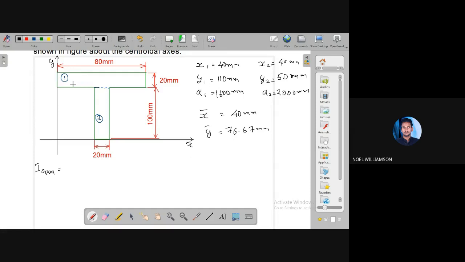Now there are two sections, 1 and 2. So individually for each section we have to find the centroidal moment of inertia.